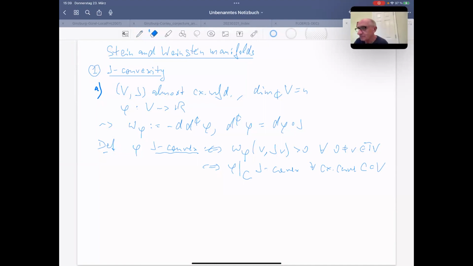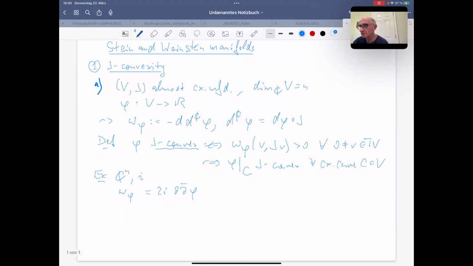So what does it mean in explicit terms, and how does it relate to the classical notion of convexity in complex analysis? Let's look at the basic example, which is C^n with standard complex multiplication. Then you can work out that this omega phi can be written as 2i times del del-bar phi, with partial derivatives with respect to complex coordinates z_j and z_j bar.